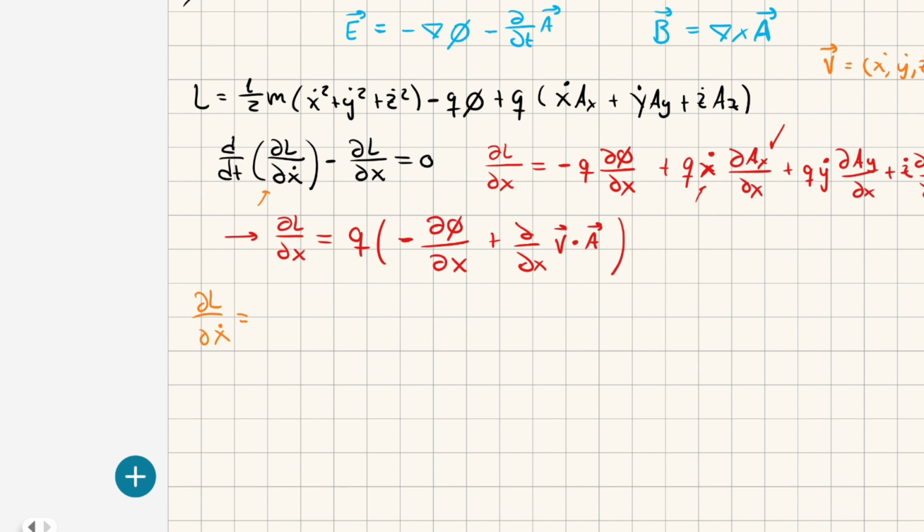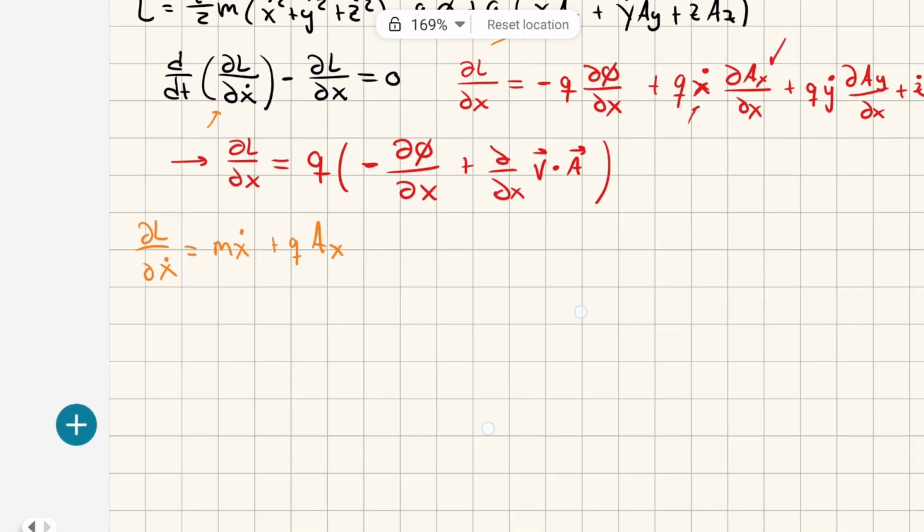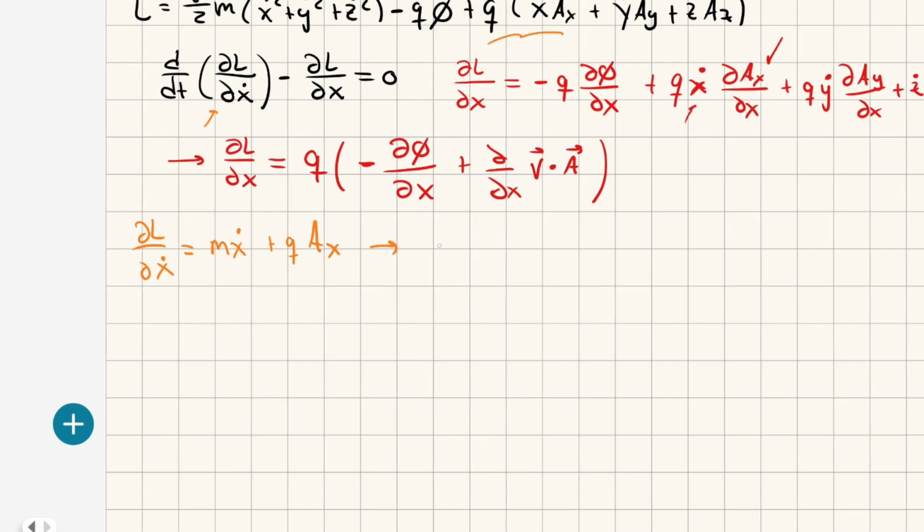With this Lagrangian, we will get that the first element is mx dot, and then phi doesn't depend on x dot, but this element does. So we will get plus qax. Then we should take the derivative with respect to time of the partial of L with respect to x dot.